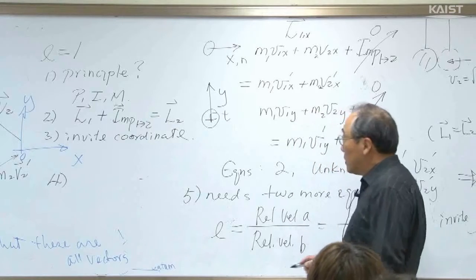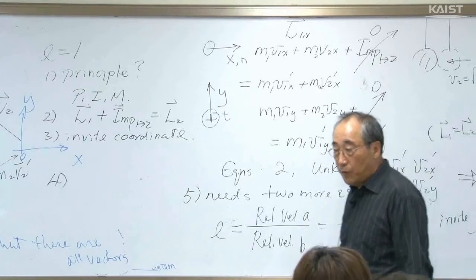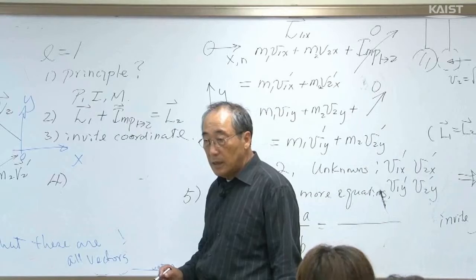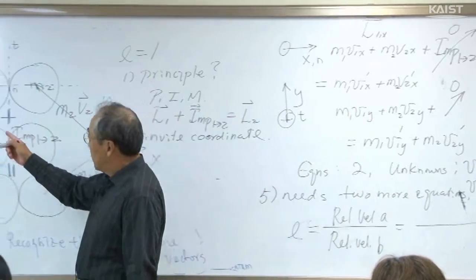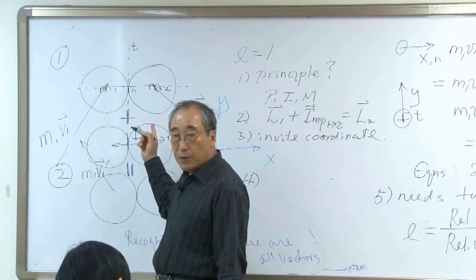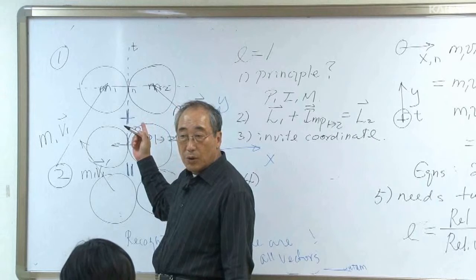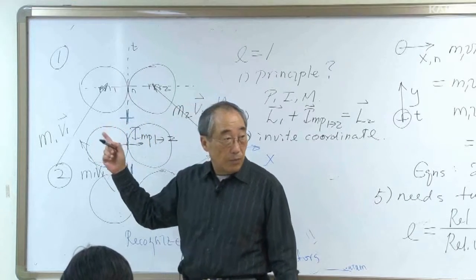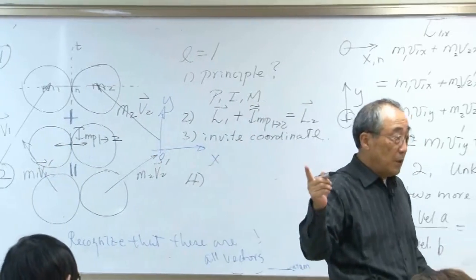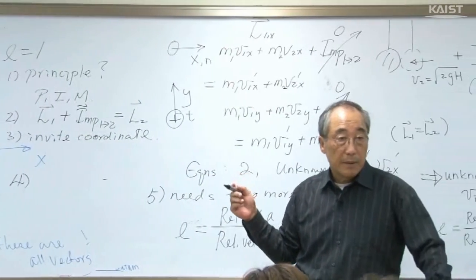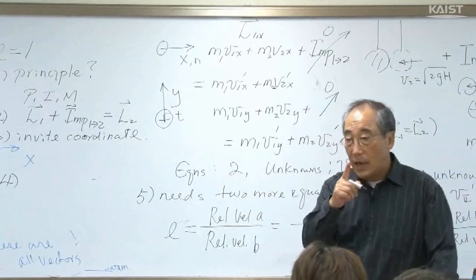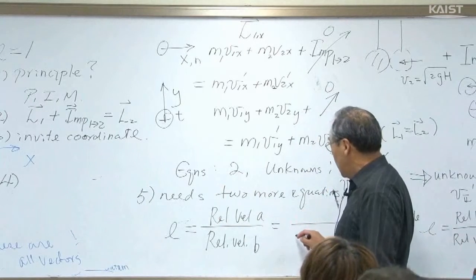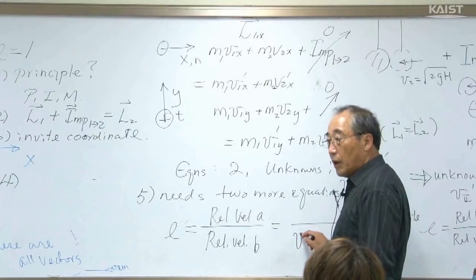And what is the relative velocity before impact? V1 minus V2. In the normal direction, yes.